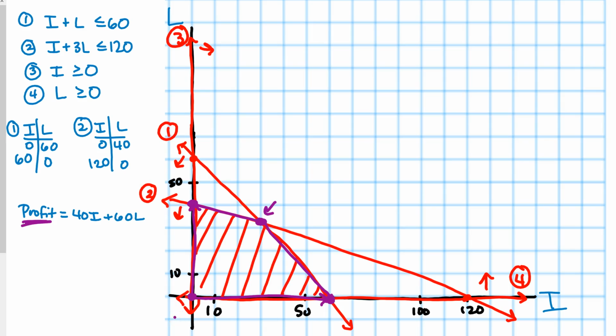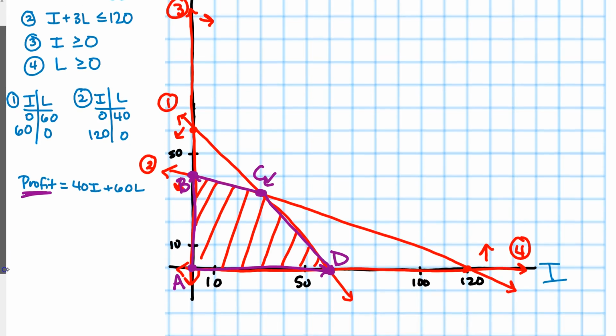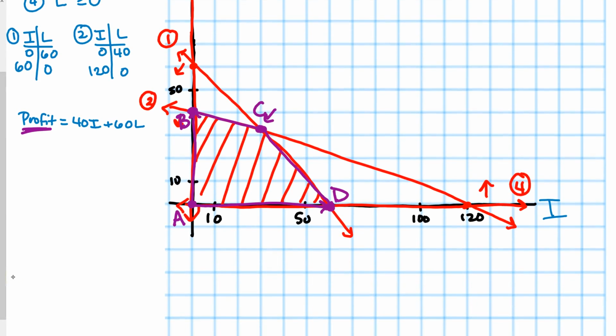I'm going to label those vertices A, B, C, and D. And yes, we know that it's not going to be A, it's not going to be 0, 0, but for the sake of thorough mathematics, let's include all the vertices. So what I'm going to make is a little table which shows the vertex and its corresponding profit.